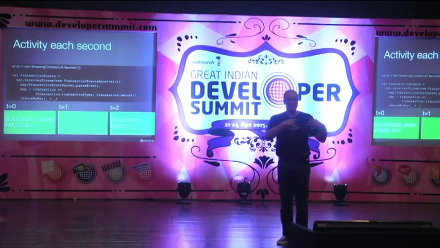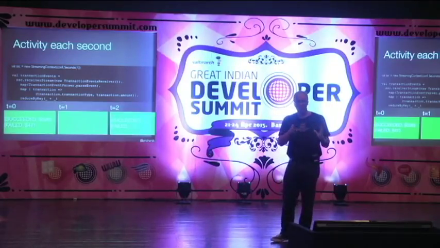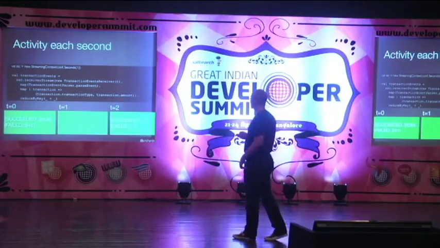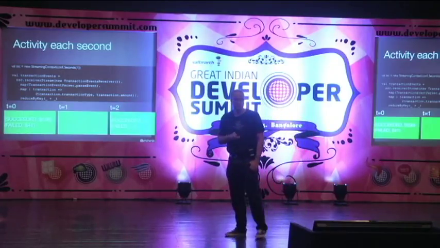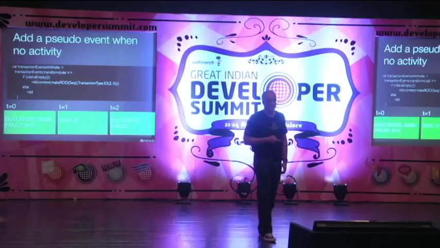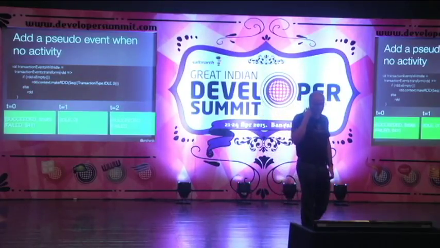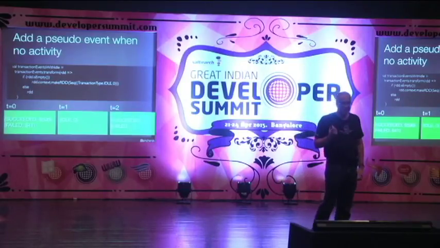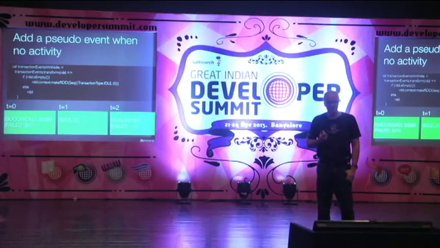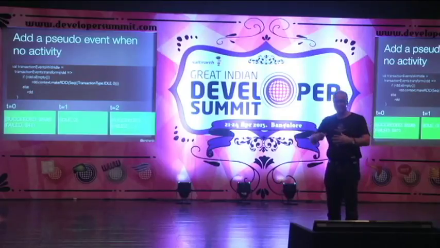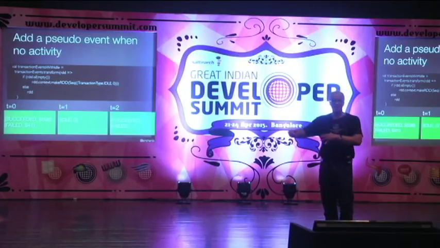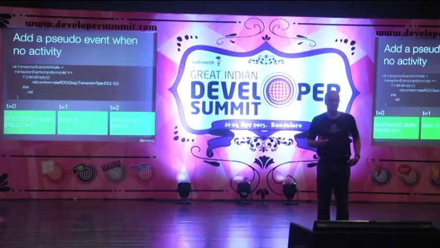Then you can analyze that, so for each time interval, you get a summary of the activity within that time interval. One interesting thing is that if there was nothing happening within a particular time interval, it would be nice to have an event that signified nothing happened in this time interval, as opposed to the absence of an event.